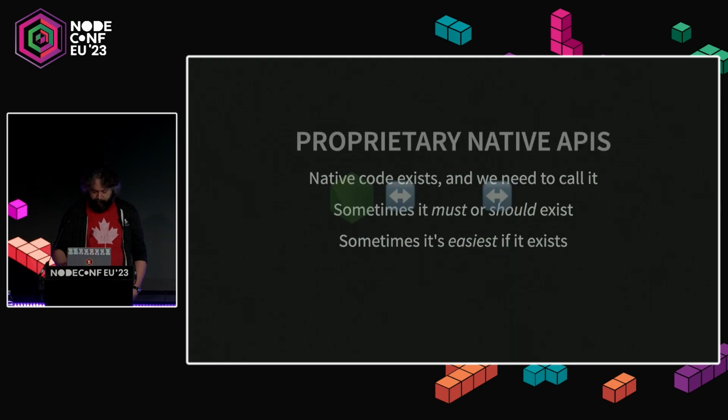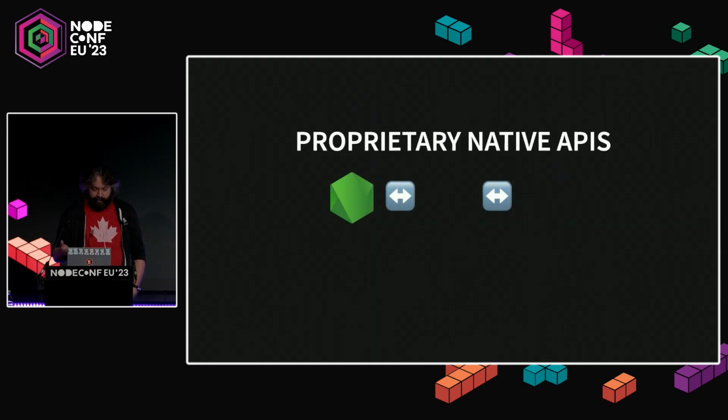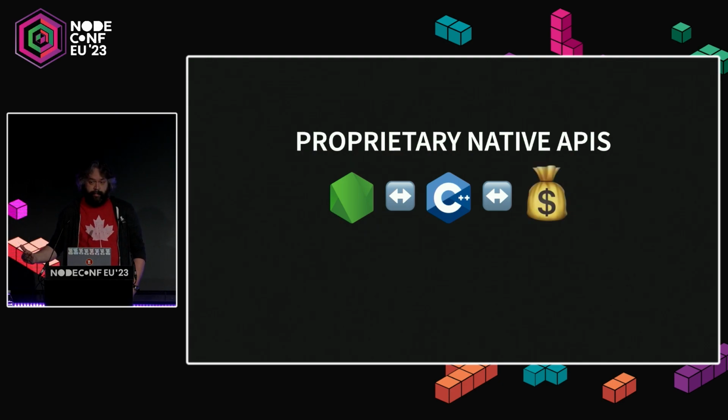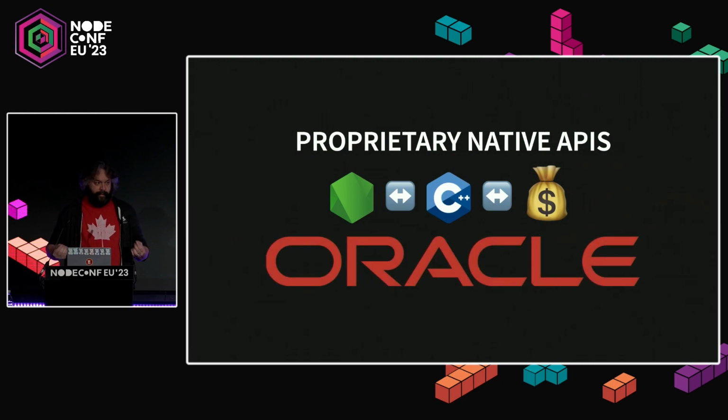So here are some examples of like why we would need it. One is there are proprietary native APIs where we're starting off in Node.js, we're calling some native add-on, and even then that is calling some proprietary API that we don't have the source code to or something like that, so we can't just tie it all together. There are a few very obvious examples of this. One is the Oracle database library as it is in Node.